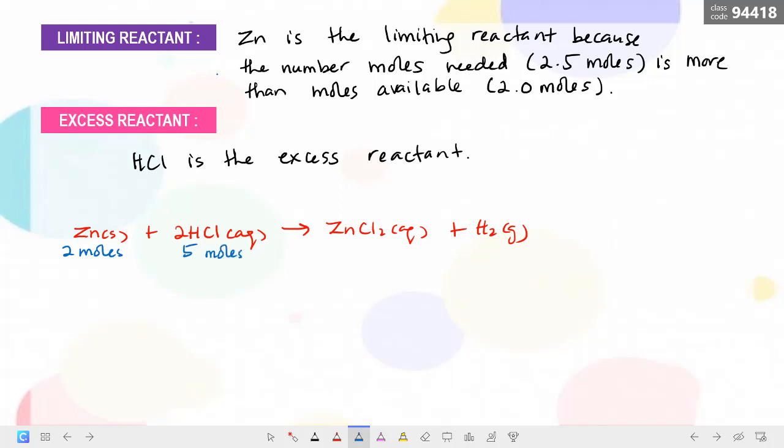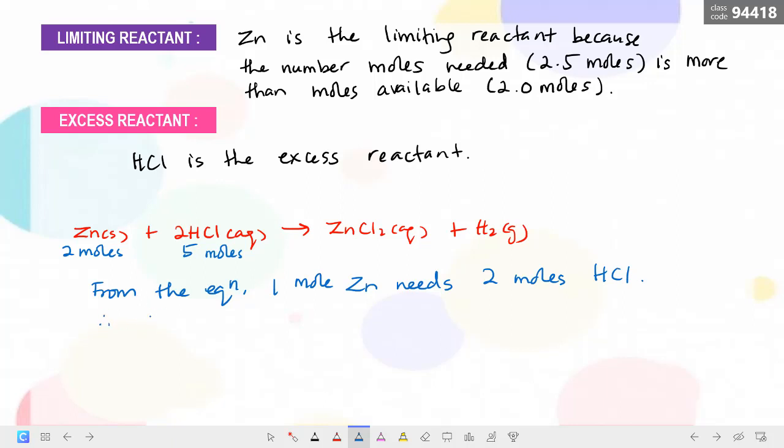Tadi saya tunjukkan saya start dengan HCl. So let's say saya start dengan zinc. Okay, from the equation, saya buat short form 1 mole zinc needs 2 mole HCl.